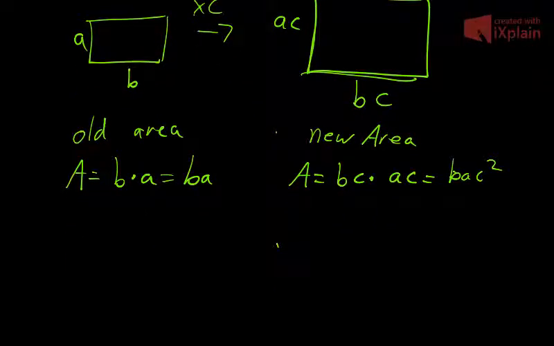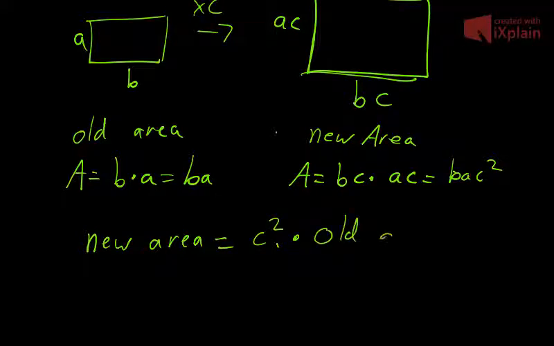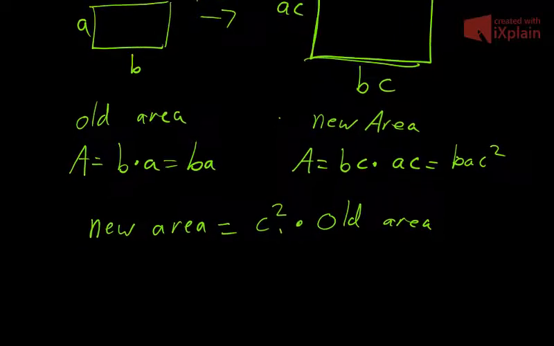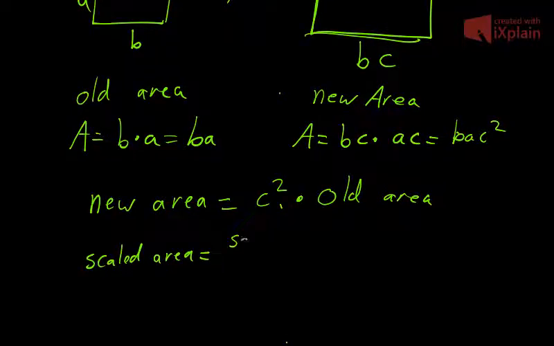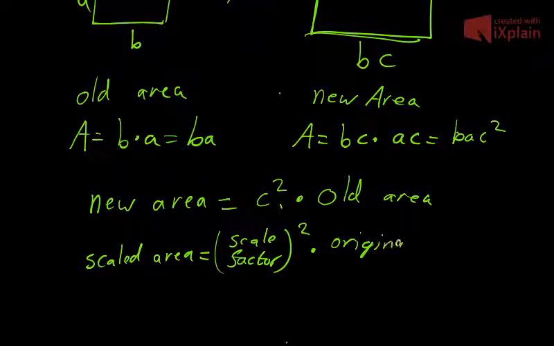So what I can say now is my new area is going to be equal to C squared times my old area. And the other way of putting that is my scaled area equals my scale factor squared times my original area.